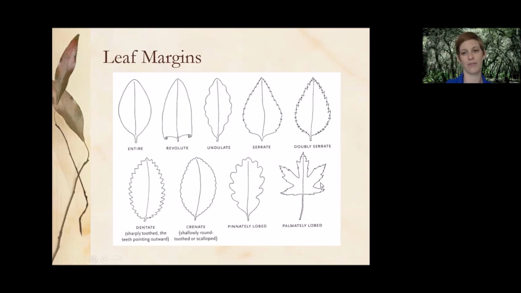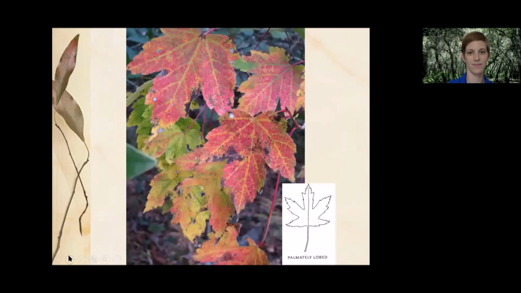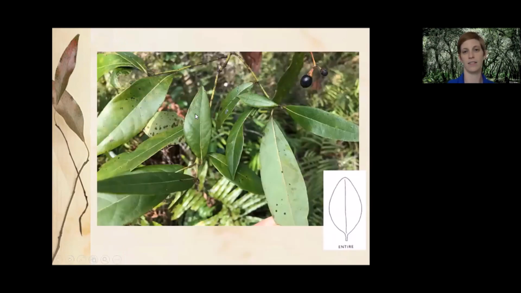Obviously, mostly referring to maples, but there's also sweet gum that has leaf shapes like that, or leaf margins, I should say. So again, this is an example with the maple, palmately lobed, but more commonly what we're going to see, this is a red bay, and you can see the edges of the leaf are just smooth, and so we call that an entire leaf margin.